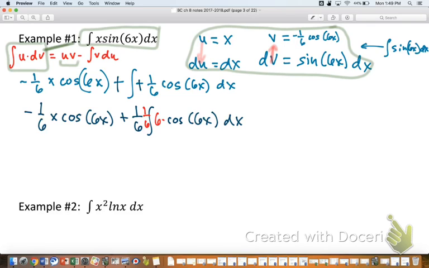But look at this, it's going to work out great. I think Josh picked the exact right thing, because when I actually find my antiderivative, I get plus 1/36. What's the antiderivative of cosine? Sine. So it'd be 1/36 sine of 6x plus C.